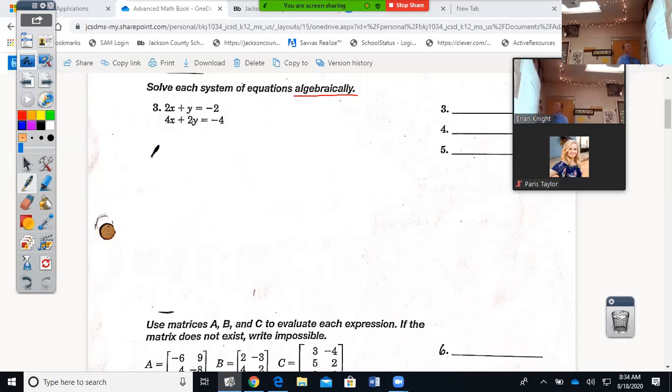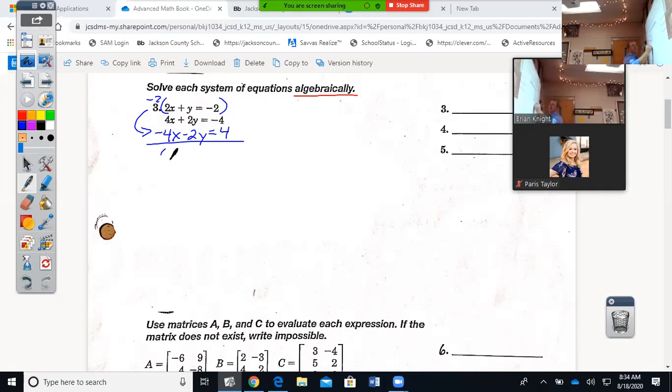So what do we need to multiply the top equation by? -2. And that goes for if you're getting rid of the x or the y. So if we multiply by -2, bring that down here, that's going to be -4x minus 2y equals 4.